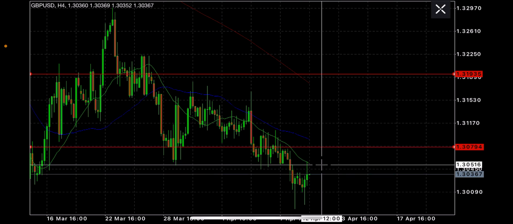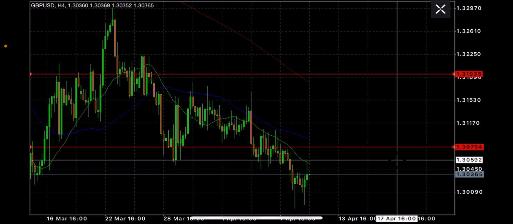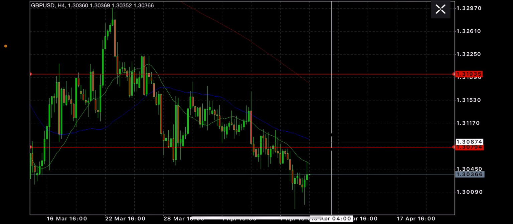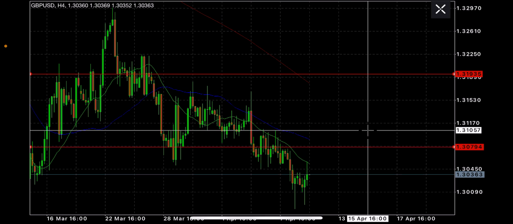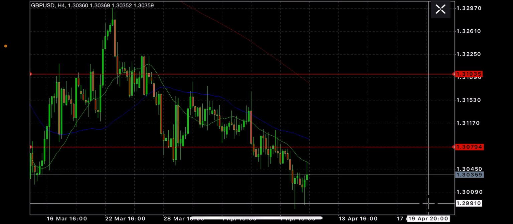We could push up to this area here, range out a little bit, and then start to go back down. Or we can push up here, range up, and then start to go back down. Those are the scenarios we can see playing out for the chart for the short to intermediate term, going into the beginning of this trading week, as long as the current fundamentals hold.